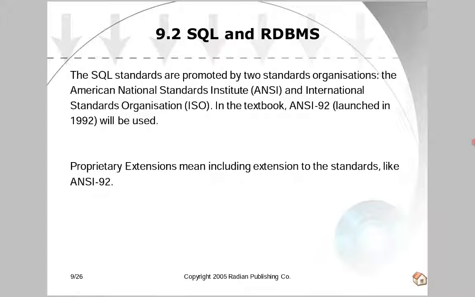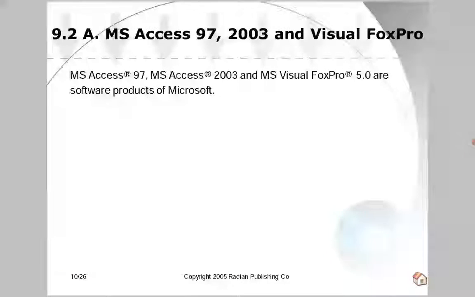Next one is SQL and RDBMS. The SQL standards are promoted by two standard organizations, the American National Standards Institute, ANSI, and the International Standards Organization, ISO. In this textbook, ANSI 92. Next, proprietary extensions. SQL is a general purpose, English-like language.